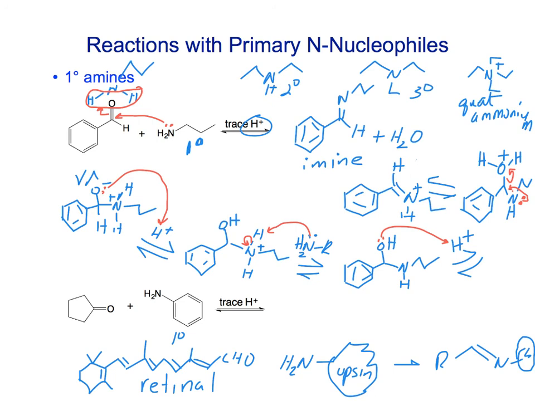So what do I have to do to get from this species here to our imine product? I just have to deprotonate it. So we can go up this way, and that's just a deprotonation.